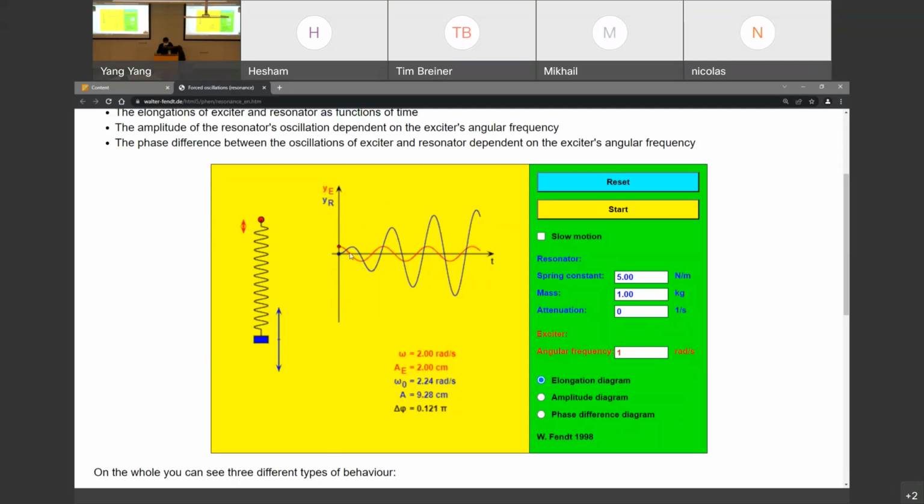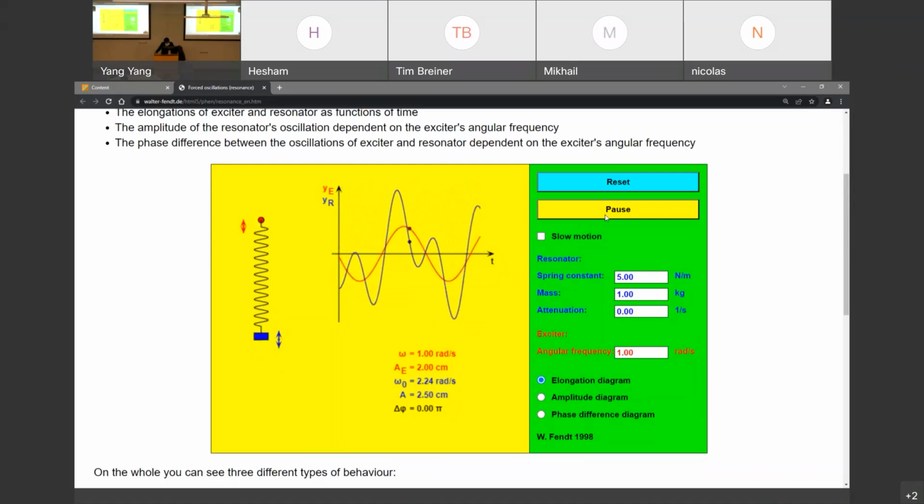The red is the input, the blue is the output. Let's see what will happen here.